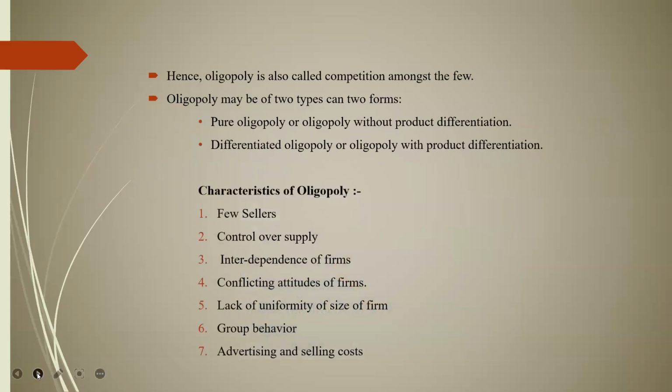Oligopoly is mainly of two types: pure oligopoly and differentiated oligopoly, or oligopoly with product differentiation. The characteristics of oligopoly are few sellers, control over supply, conflicting attitudes of firms, group behavior, advertising and selling cost.